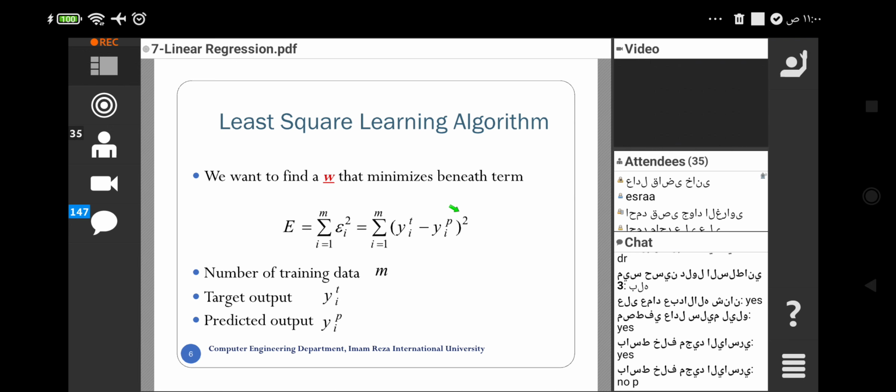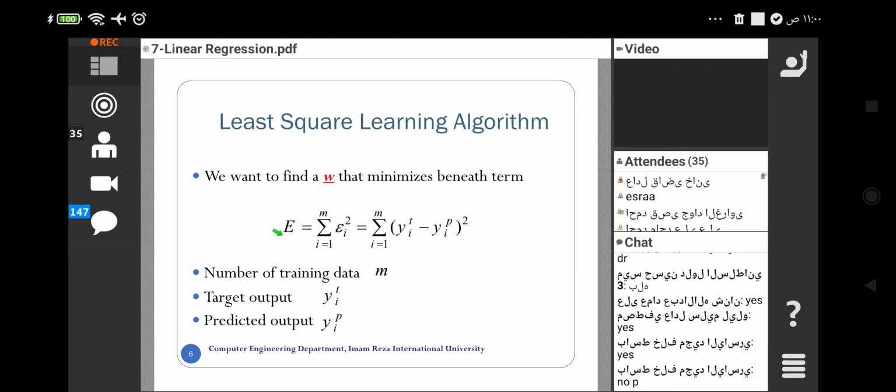In the least square learning algorithm, we want to find a w. We said that the parameters in the learning model were w, and we want to set w. So we want to find the w that minimizes this error. What is the error?